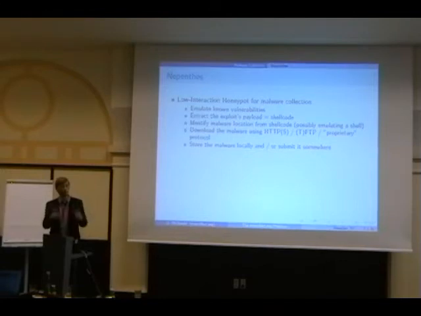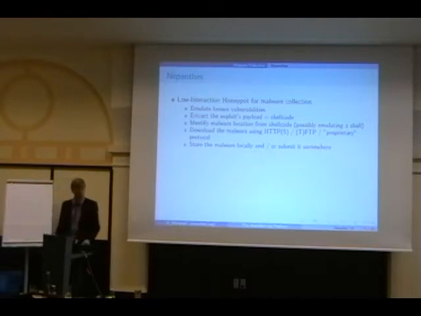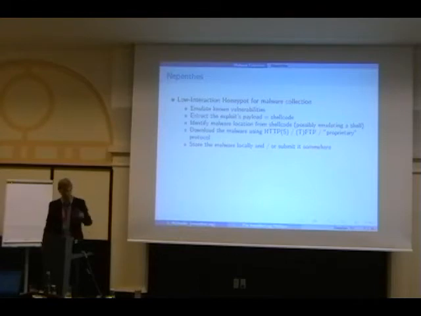Then we of course are going to get some exploit from the malware with a payload like a shellcode. So we analyze the shellcode, and then just download the malware from the infecting host via HTTP, TFTP, whatever the malware uses to propagate.